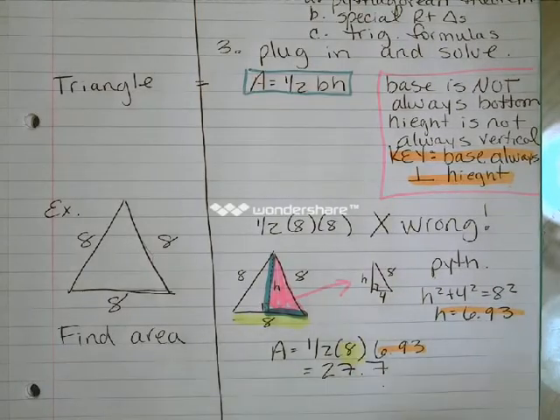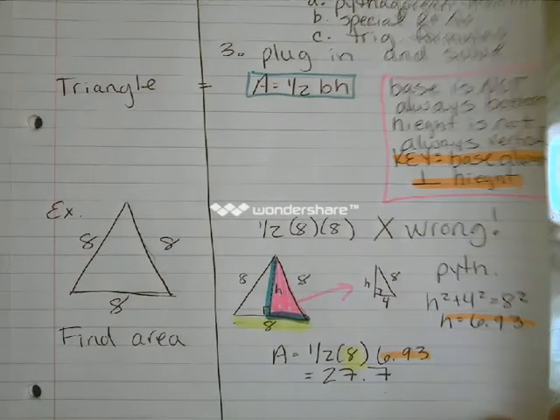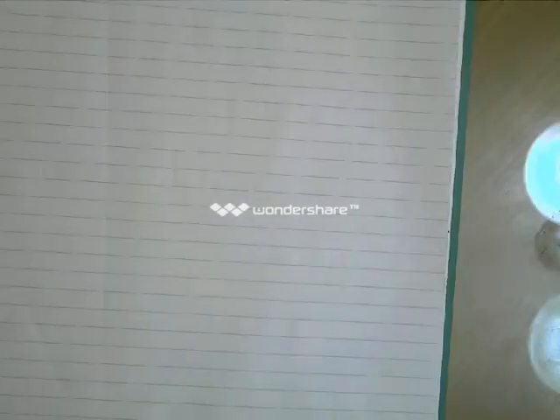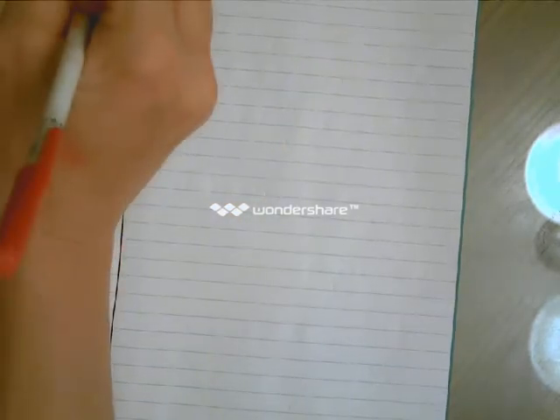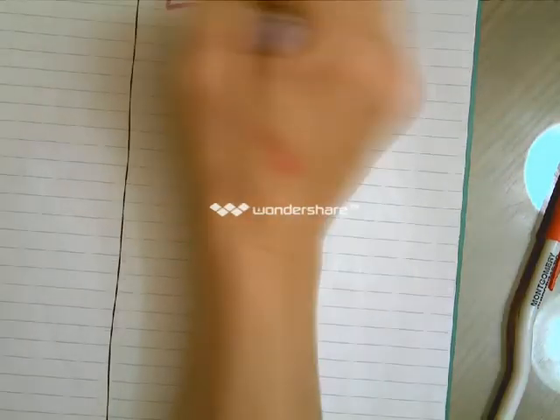Alright, let's talk parallelogram. The area formula for that is going to look familiar. Doesn't that look like the same formula you learned for rectangles back when you were in junior high? Fact is that formula is actually for any parallelogram.